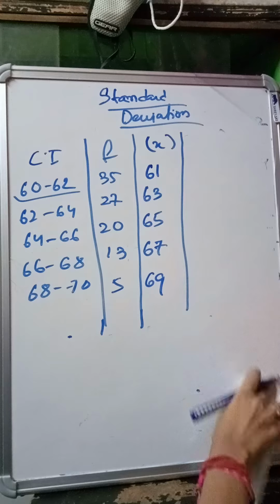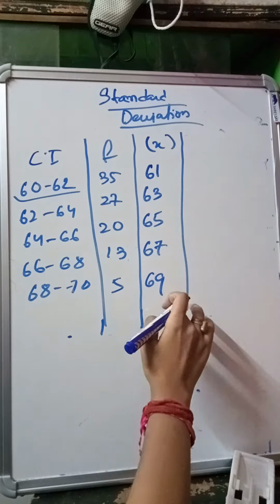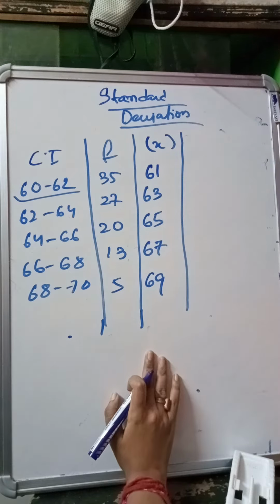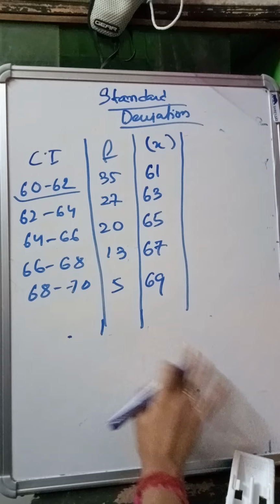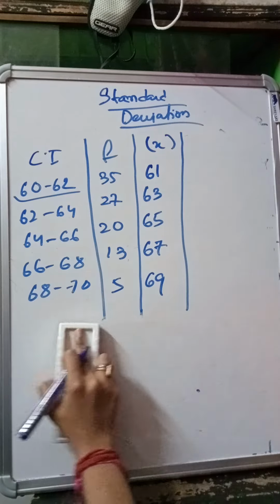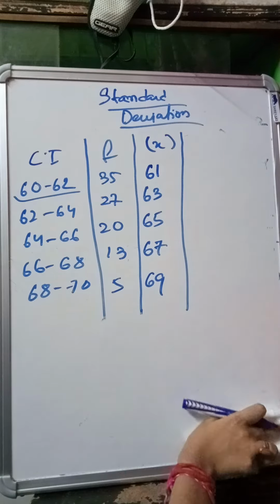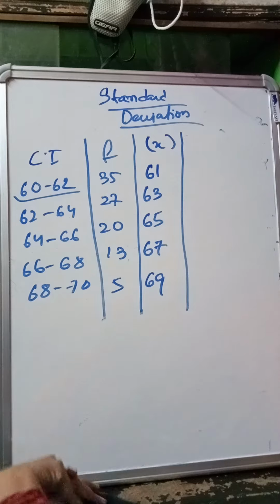Now as you can see, the values of the class mark are very large, and if we work with these values, the calculation will get very complex. So what will we do? We will change the origin.